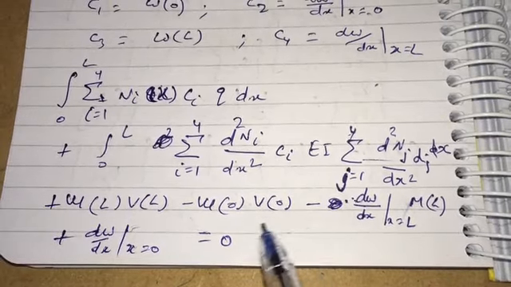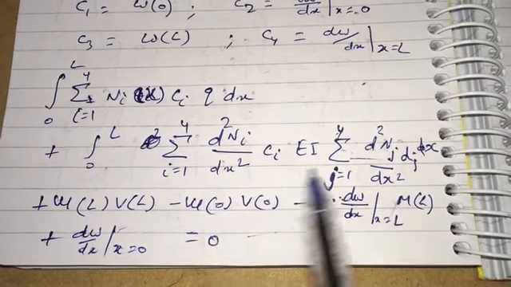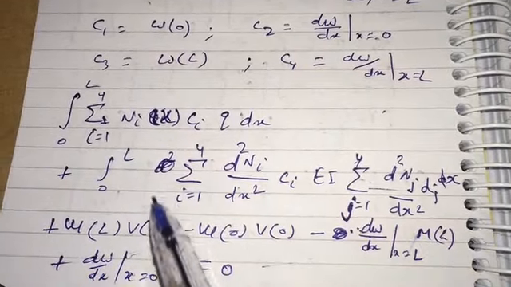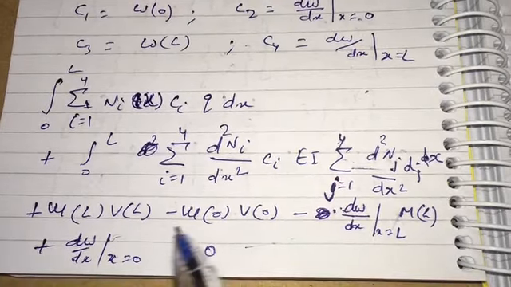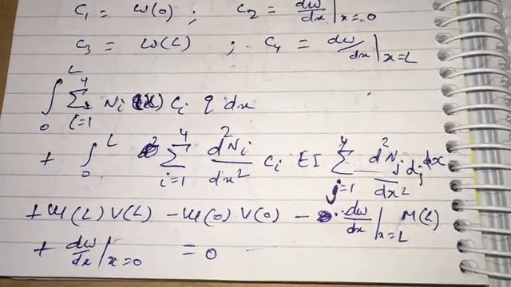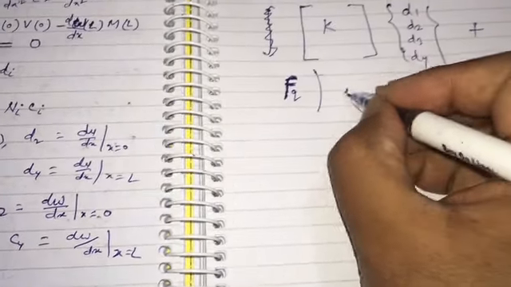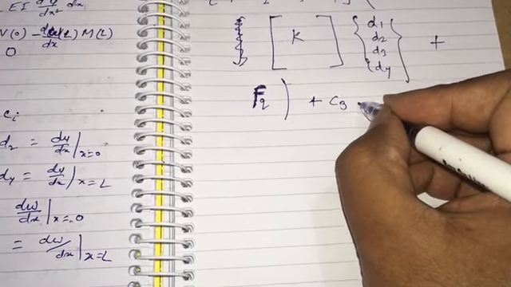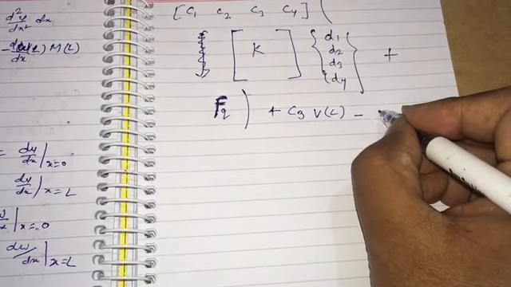Here we see this has all those C1, C2, C3 as well. But for the time being, let's not write, let's expand this further. WL we now call C3 and so on. So we write plus C3 VL minus W0.